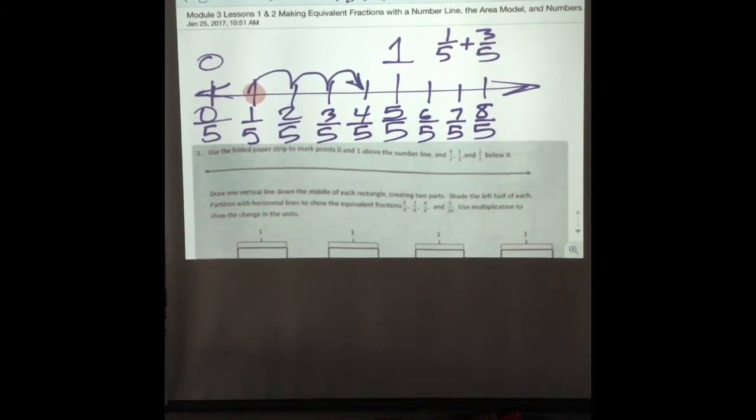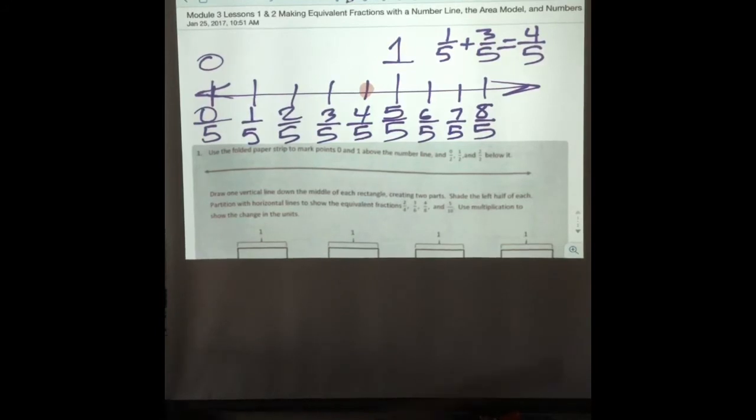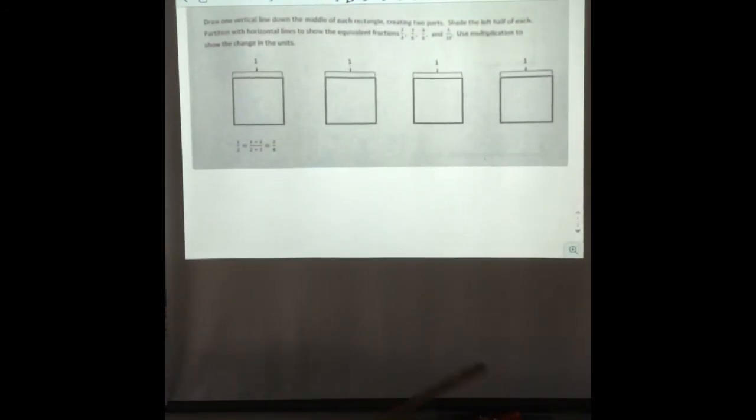It starts here, it goes over 1, 2, 3, and there's my answer. So my answer would be 4 over 5. See how easy that was to do the adding? Now we can add and subtract when we have the same units on the bottom. Okay? All right, let's go on to our next kind of problem.